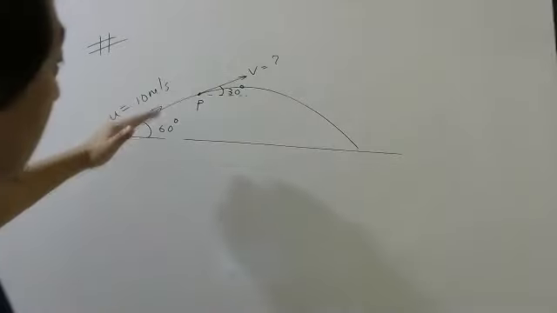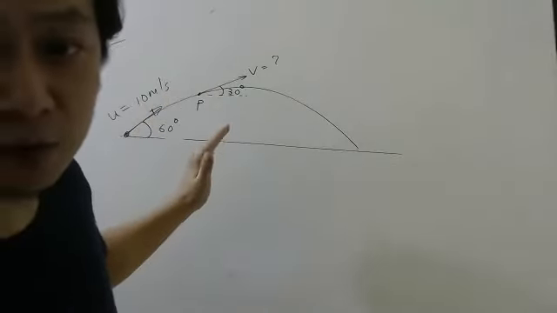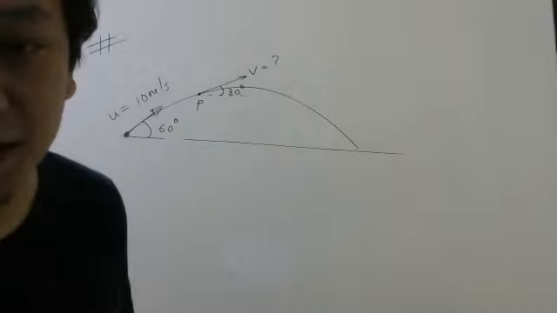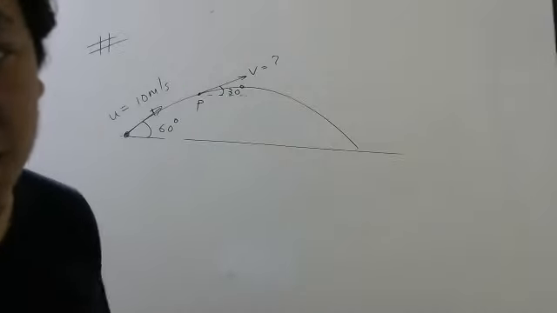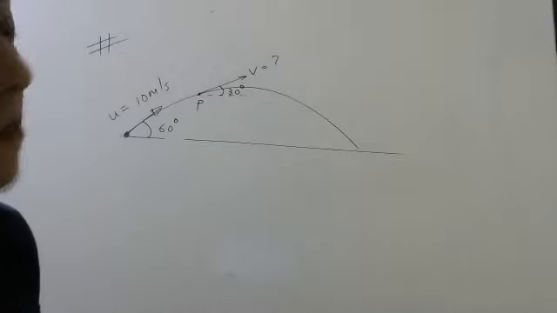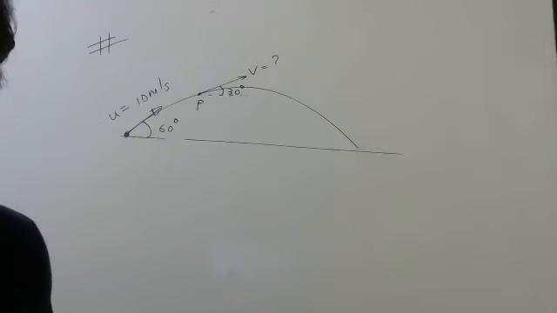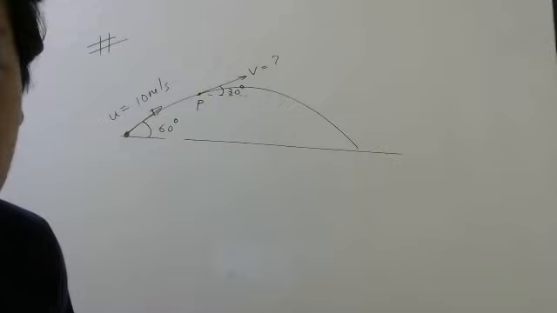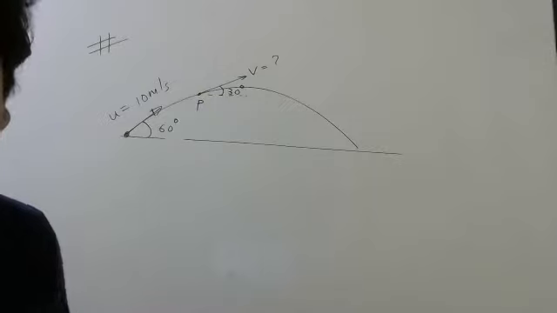I hope everybody understood why I'm drawing tangent and all. Velocity is always drawn tangent to the path at a specific point, because all these are instantaneous velocity.